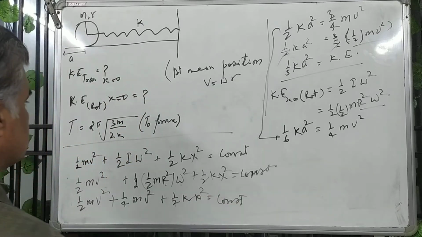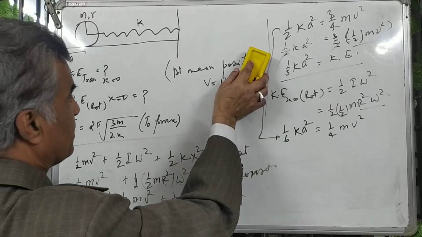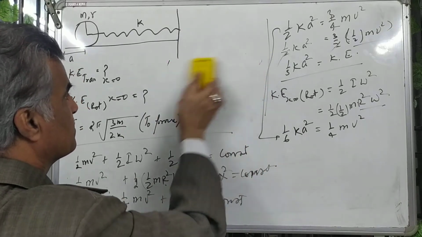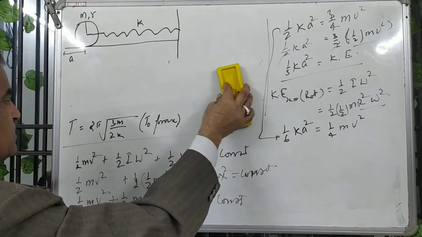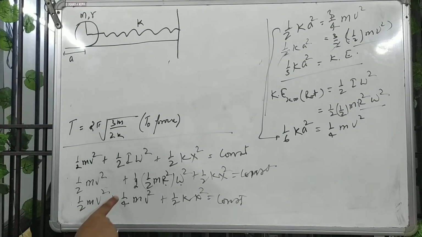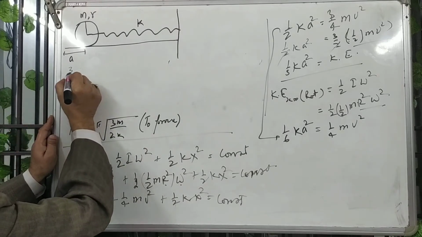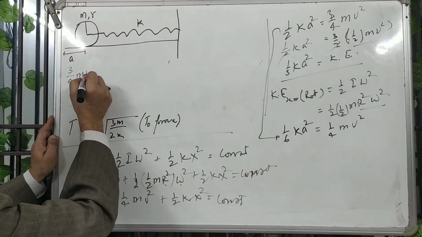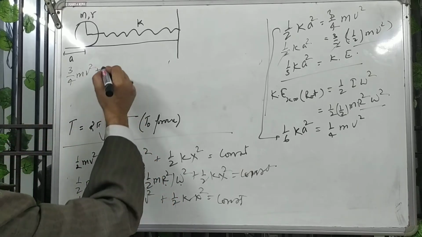And further, I am writing over here half mv square plus 1 upon 4 mv square. So this is the 3 by 4 mv square. So this is 3 by 4 mv square plus half kx square.